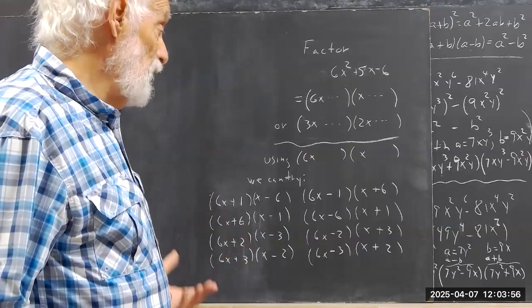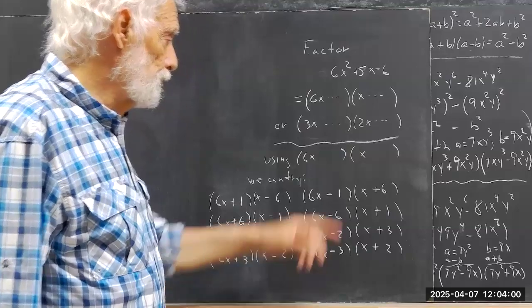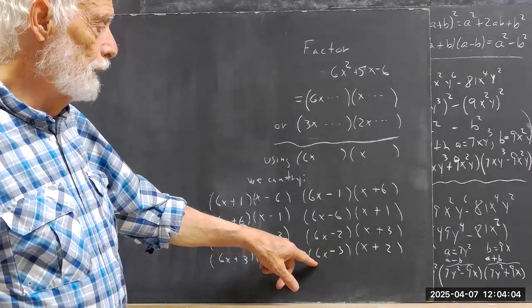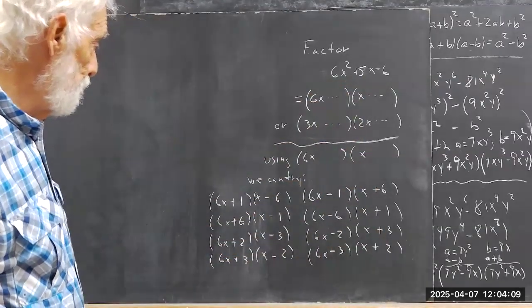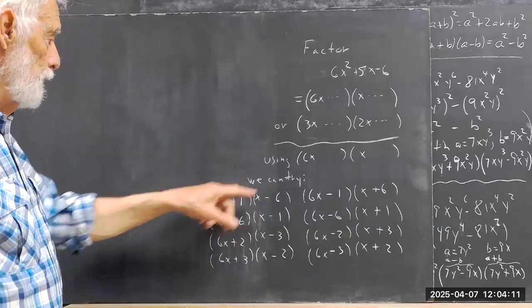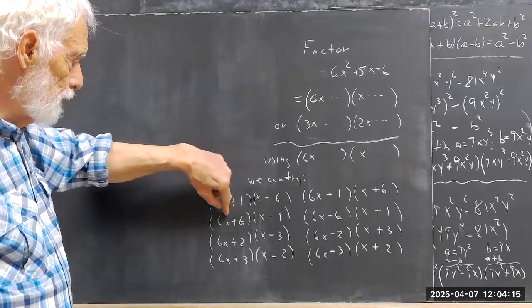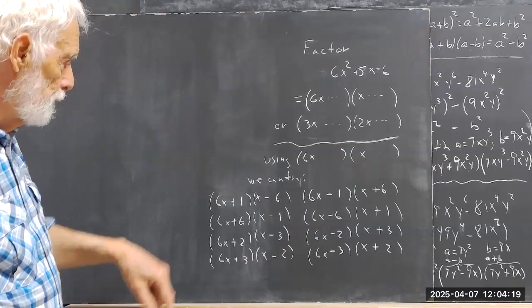Now step in that direction. And yeah, go ahead and do the distributive law on these. And pretty soon you'll see that if the number you get on the x squared is too big, there's no way you're going to end up with a 5x. Okay, well, same thing over here. You're going to get a -36x. Here you got a 6x and a -6x, which turns out to be essentially the same thing this is.